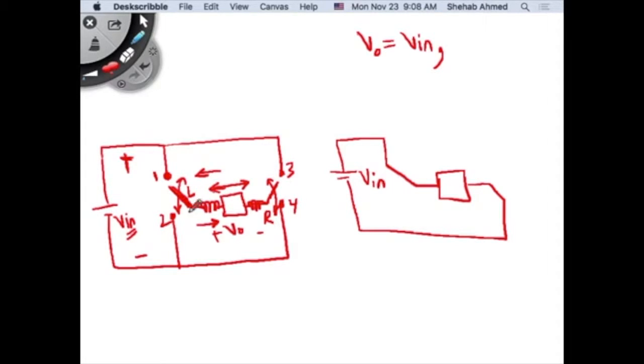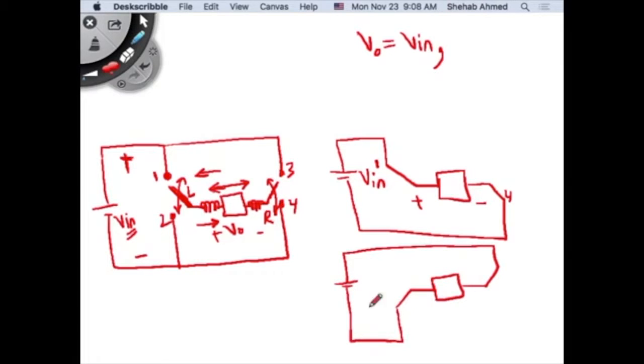So when I had this arm connected to point 1 and this arm connected to point 4, this was how my circuit looked. And now if I make this arm connected to point 2 and this arm connected to point 3, the circuit would look like this. Current here was flowing this way. How about current here?